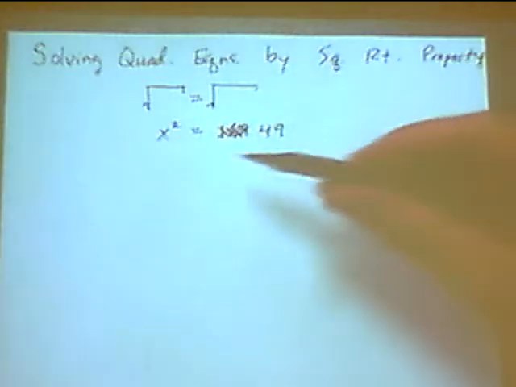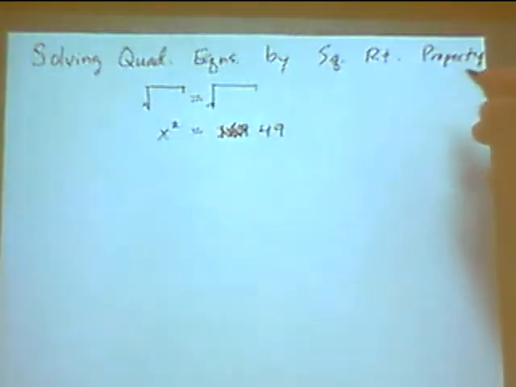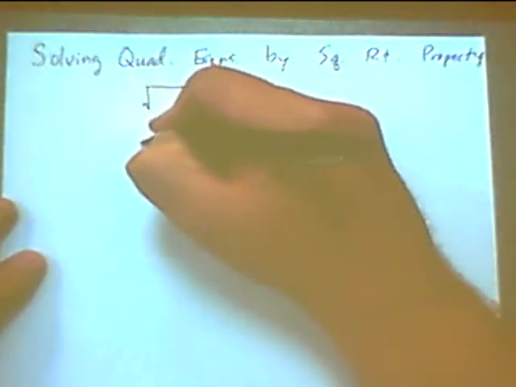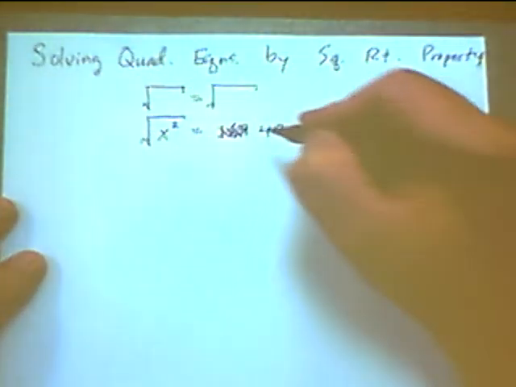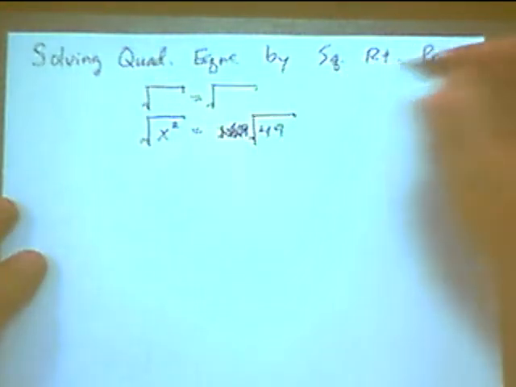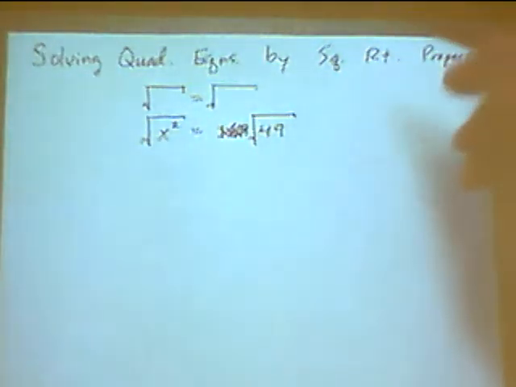Anytime you have an equation with only the variable squared, and the variable is not in any other part of the equation, you can always use the square root property. So you simply take the square root of both sides.